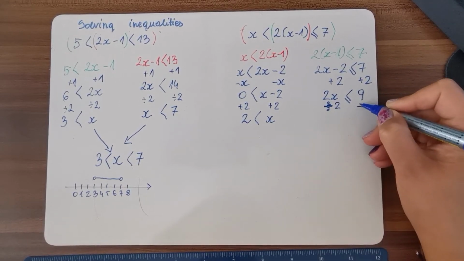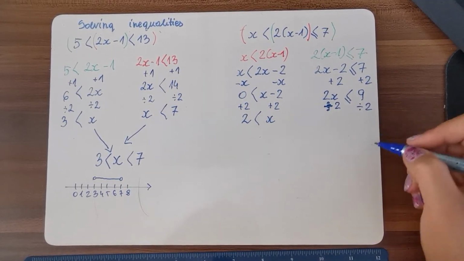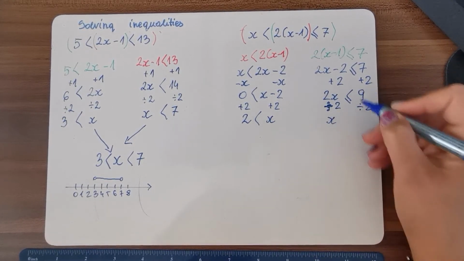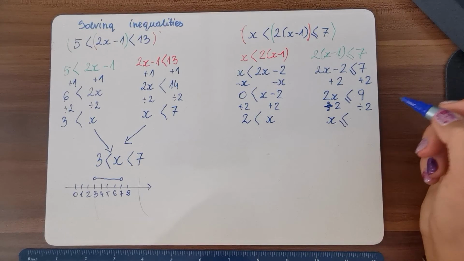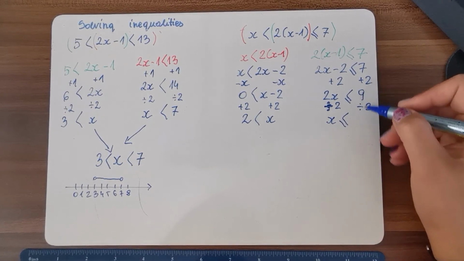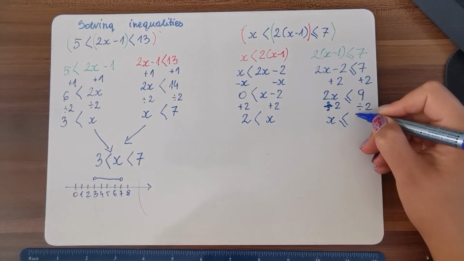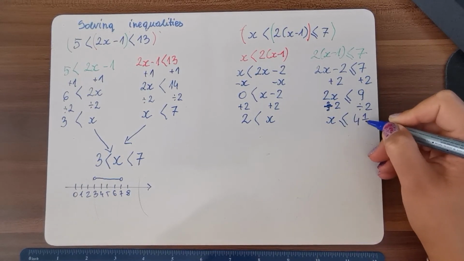by 2 both sides of the inequality, and we will get 2x divided by 2 is equal to x must be smaller or equal to 9 divided by 2, which will be equal to 4.5.